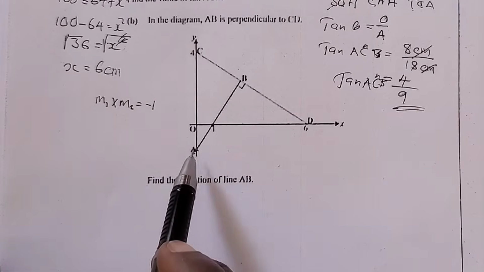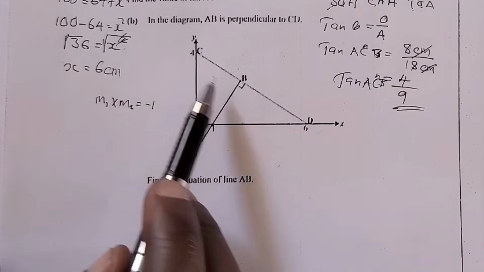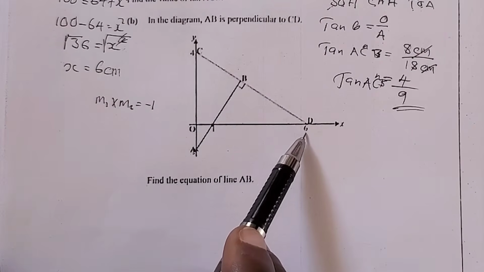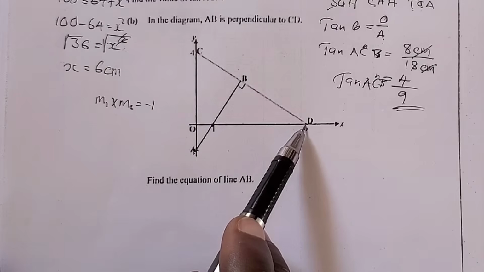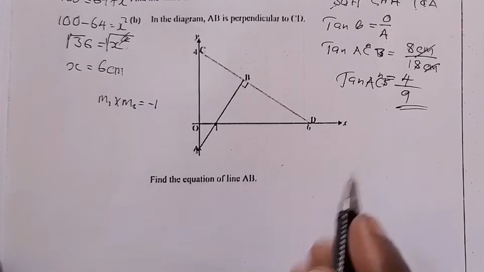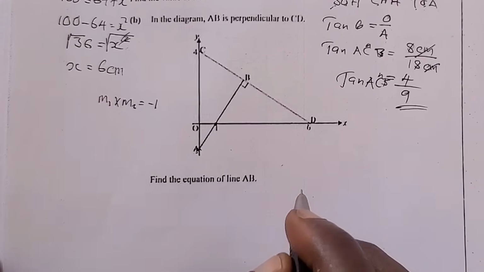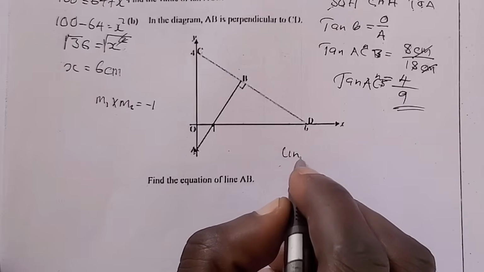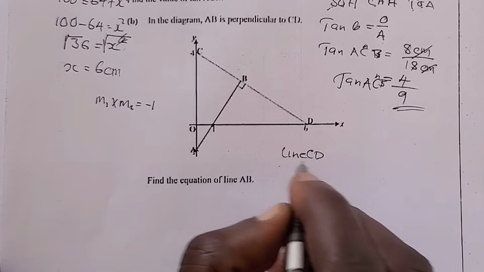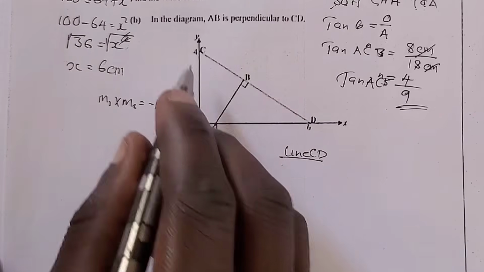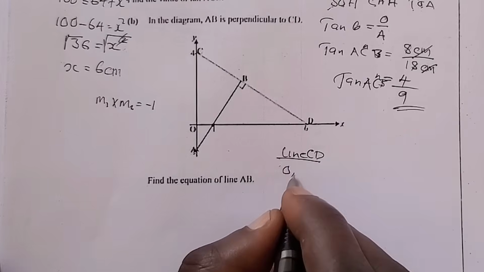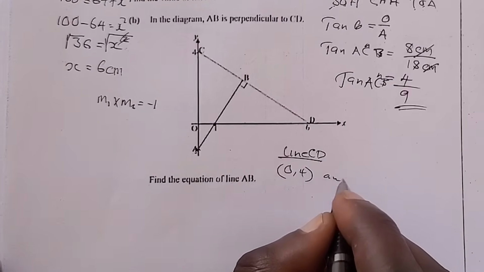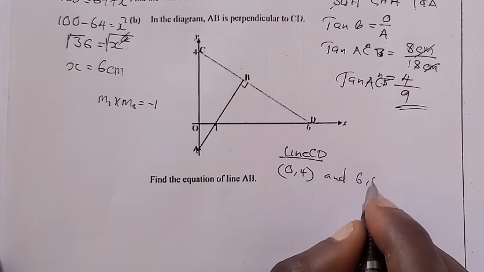So what will help us to find the gradient is this line, because this line has two points, right? Yes. So we're going to say line CD, this is 0, 4 and 6, 0.